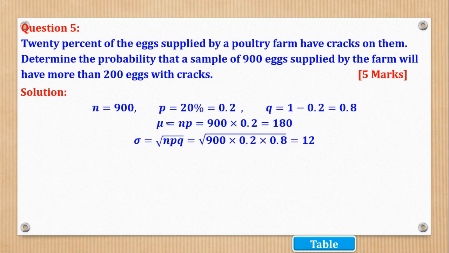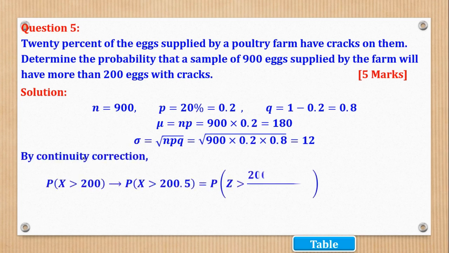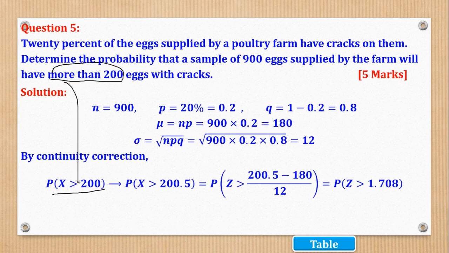So I've got mean, I've got standard deviation. Next is to use continuity correction. So continuity correction helps us to approximate, to change from binomial, which is discrete, to normal, which is continuous. So this is what was given in the question, more than 200 eggs, x greater than 200.